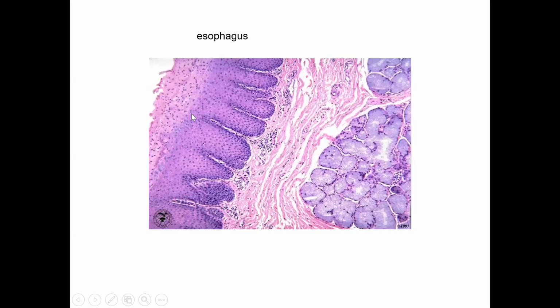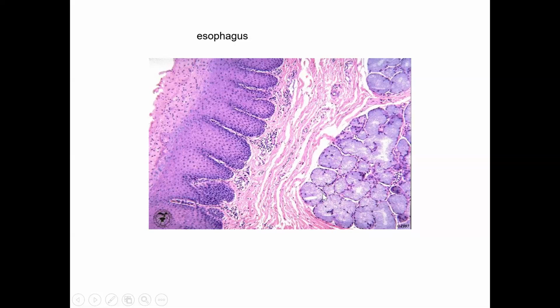Right here you see the lining, stratified squamous epithelial cells, areolar connective tissue, and then you're going to see this. These are the typical gland structures. You see a cross section of a gland, made of kind of cuboidal epithelial cells. These are specialized epithelial cells.